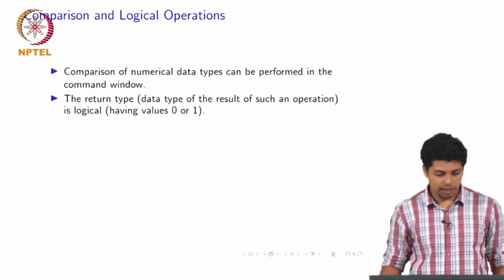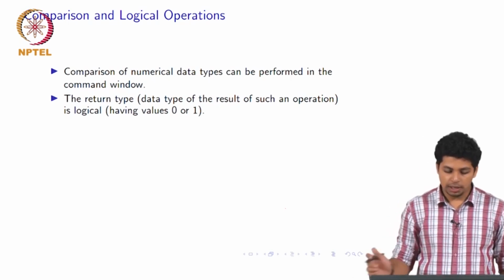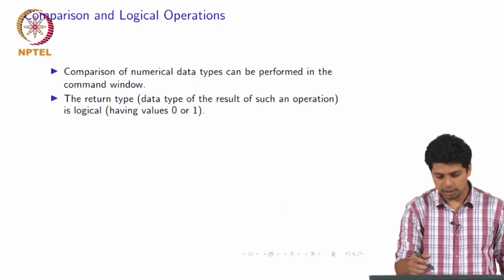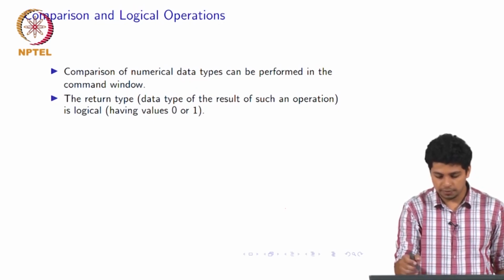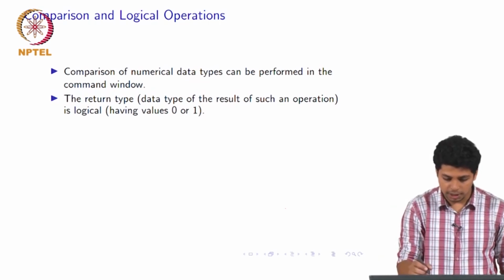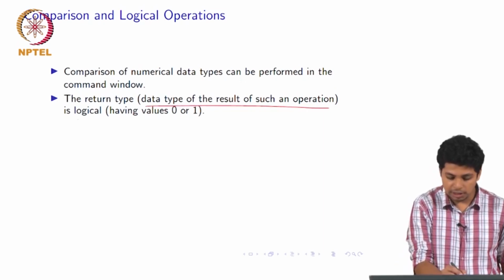Now we'll discuss a bit about comparison and logical operations. We can compare any two variables because, as we discussed, the numerical data type is fixed and it is a floating point operation. The return type, that is the data type of the result of such an operation, is logical.